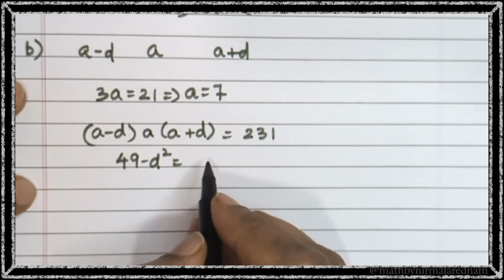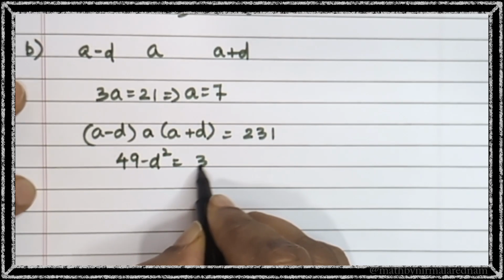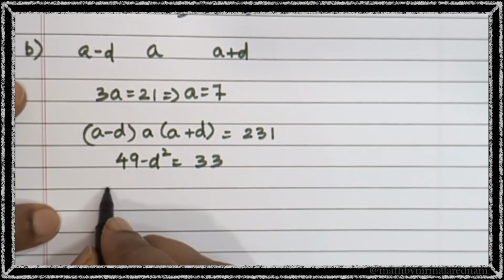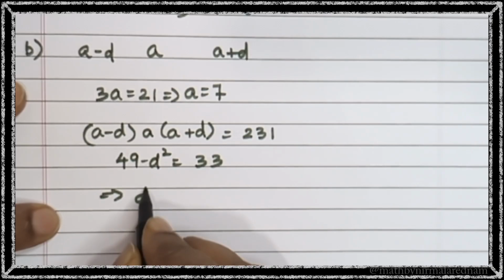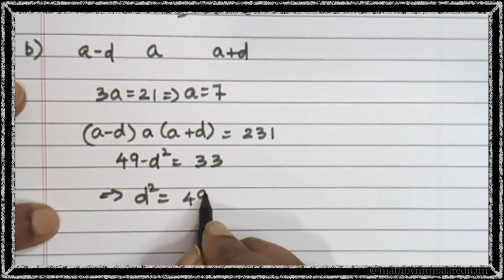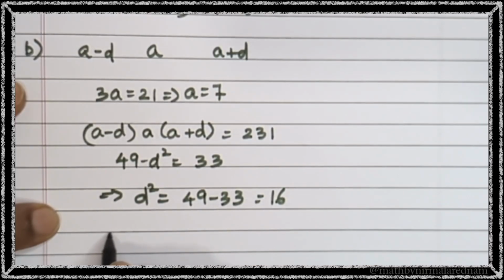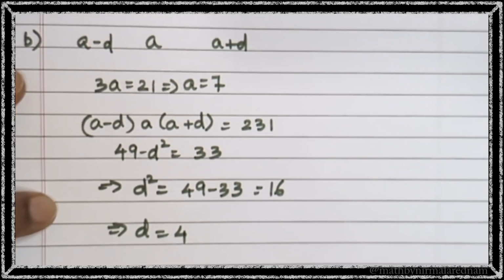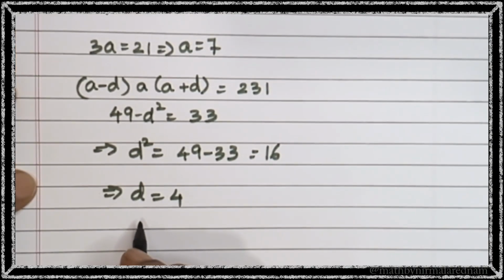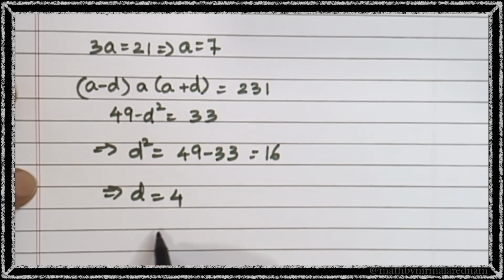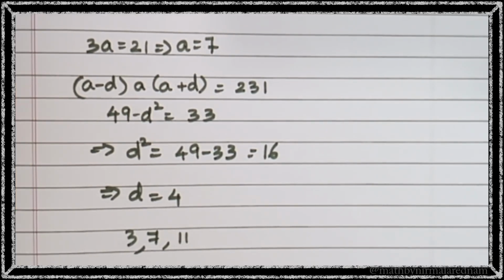I'm going to take it to the other side and it will give me 33, which implies d square is equal to 49 minus 33, which is nothing but 16, so d is 4. So this is the common difference. Since they're asking us to find the three terms, the middle term is already 7, and plus 4 will give me 11, minus 4 will give me 3. So these are the three terms of the AP.